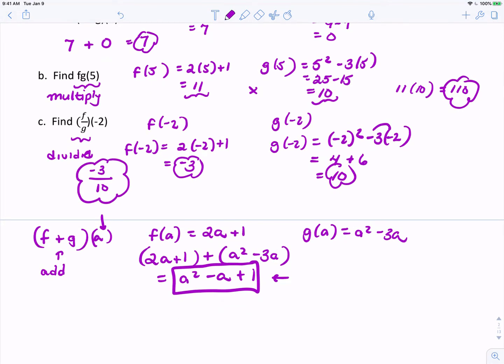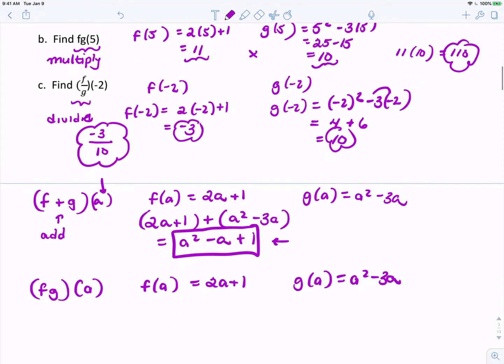We'll do one more. What if we wanted to do f times g of a? So again, f of a is 2a plus 1, and g of a is a squared minus 3a. What we want to do is multiply those two answers together.